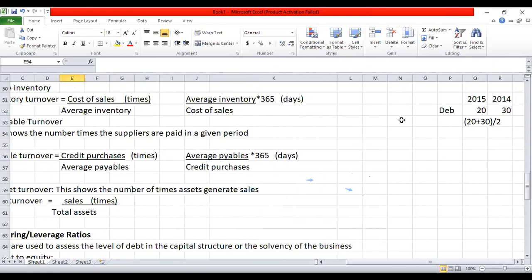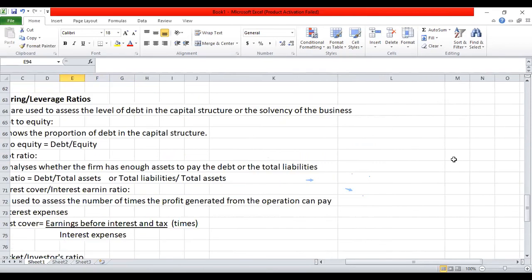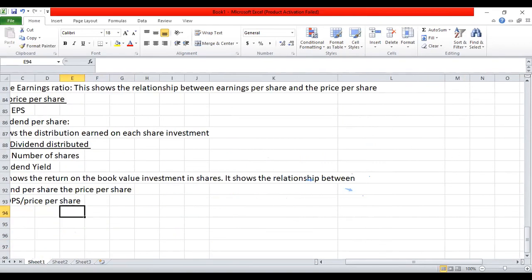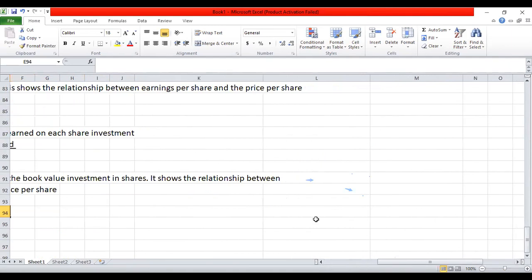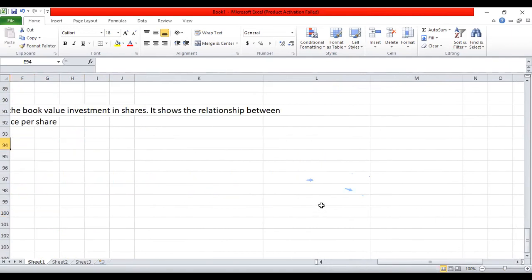To illustrate this, I want to show something here: if you are answering a question on analysis, how do you handle that? When you are answering a question on this part, you first draw a simple table. Then in your table, in the first column, show the ratios. Here, show the formula you are going to use to calculate.